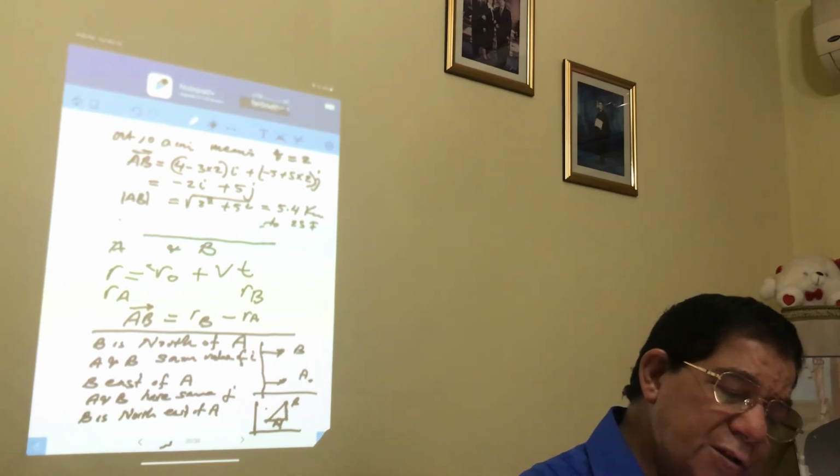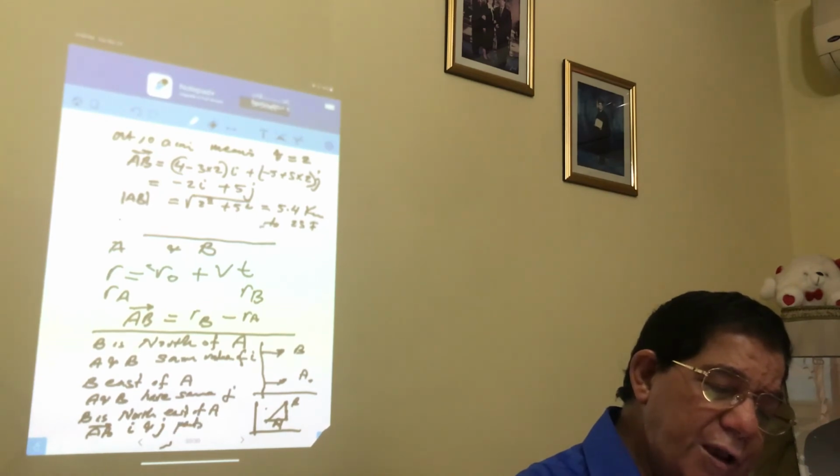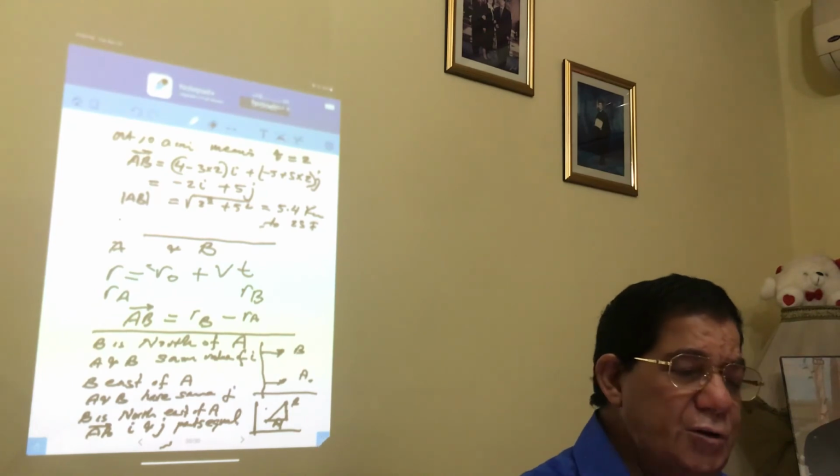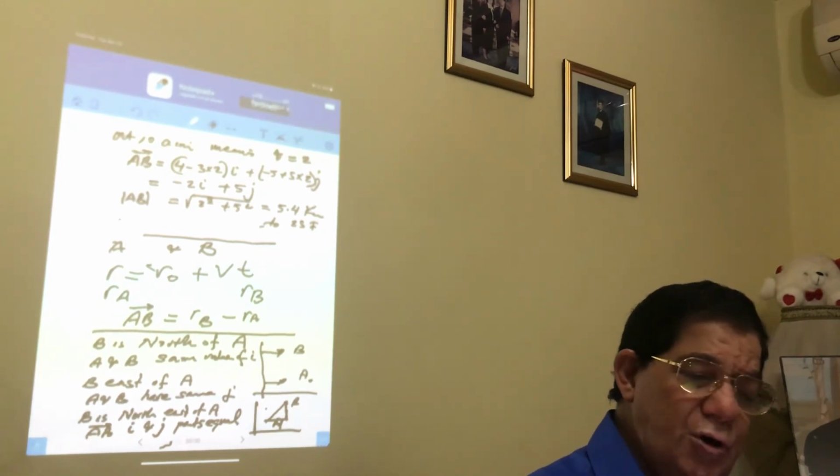This means that the vector AB has equal i and j parts. This is the kind of questions you will get. And this is the end of the topic.